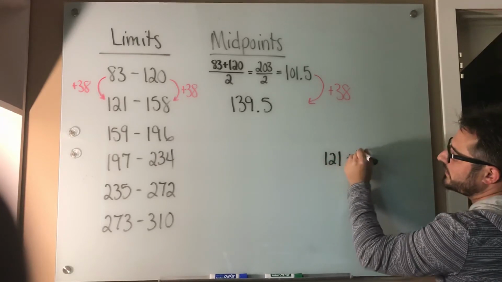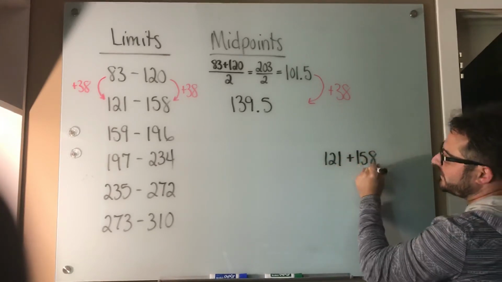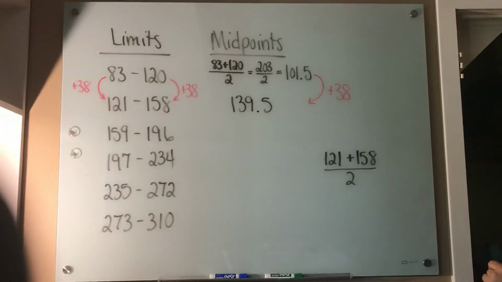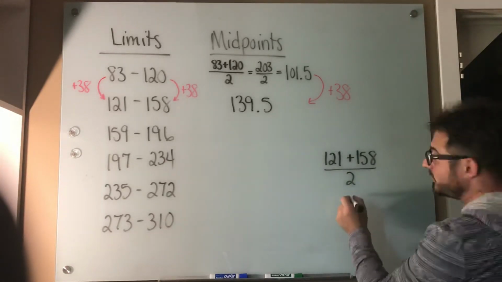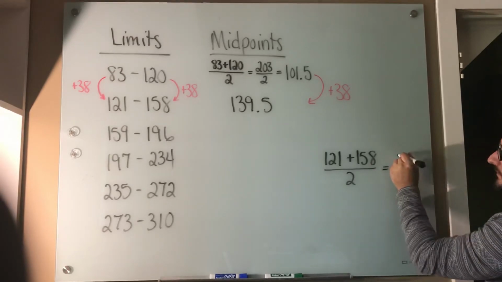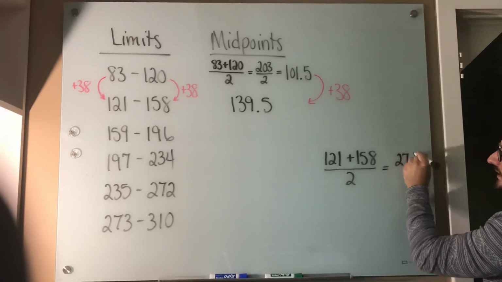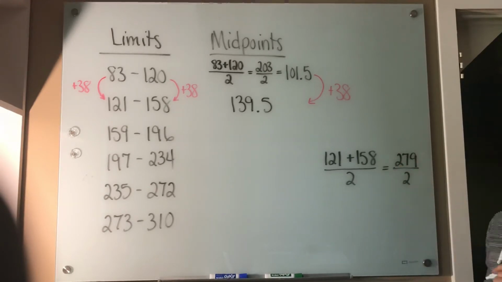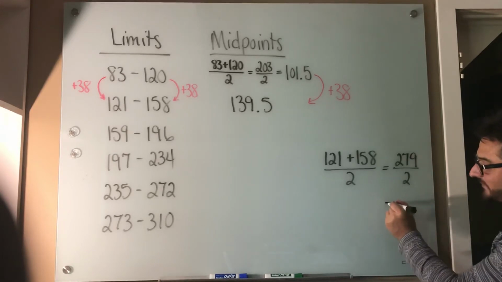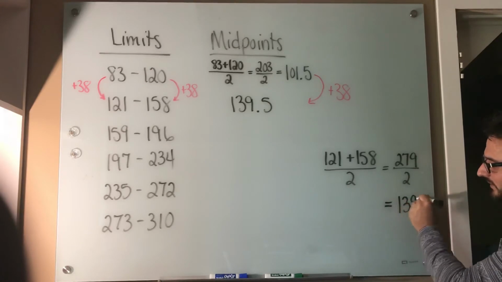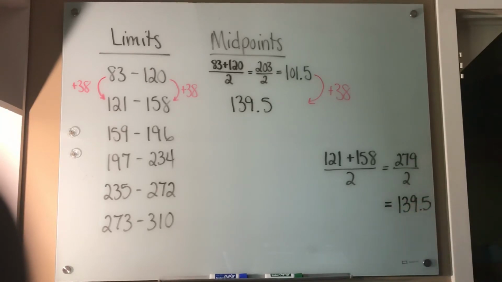121 plus 158 over 2. Can it really come out to be 139.5? Well, 121 plus 158 is 279. Pull out the trusty calculator, and sure enough, 279 divided by 2 is 139.5.